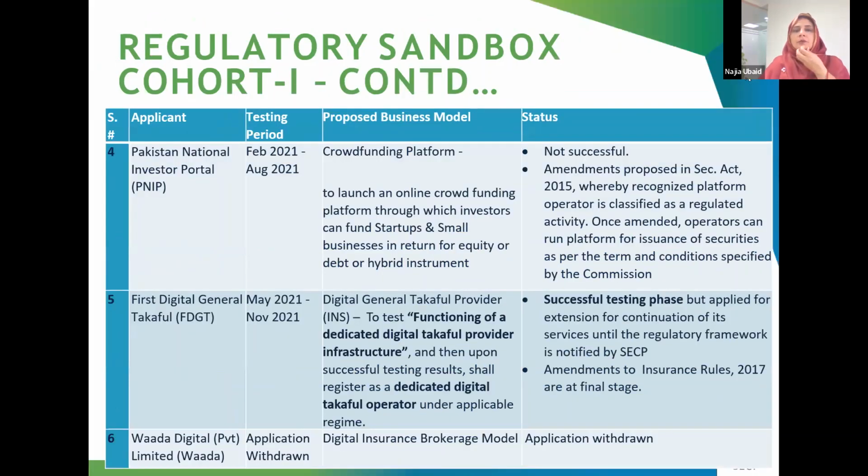Pakistan National Investor Portal was an equity crowdfunding platform. It wasn't successful to the extent that it should have been, but SECP is of the view that this model can be adopted and is scalable. For this matter, SECP has proposed certain amendments in the Securities Act, whereby recognized platform operators can be classified as a regulated activity.